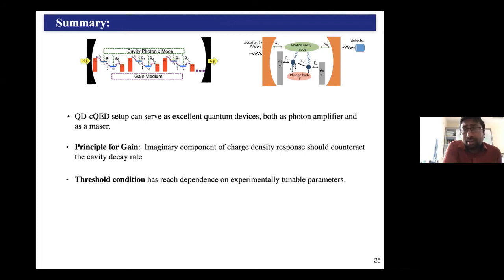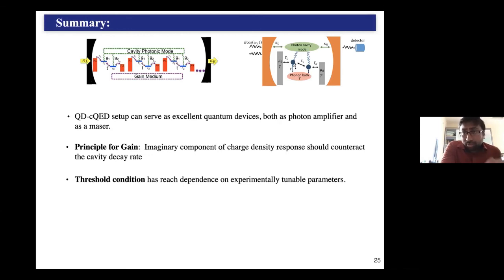You can realize the amplifier or even a maser, as well as, from a fundamental side, we can try to understand the light-matter interaction. We have given out the principle for gain, which is essentially that you have various sources of dissipation.